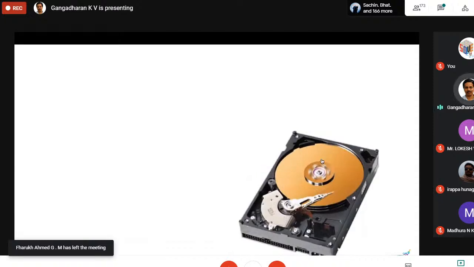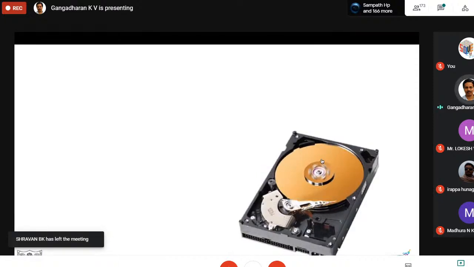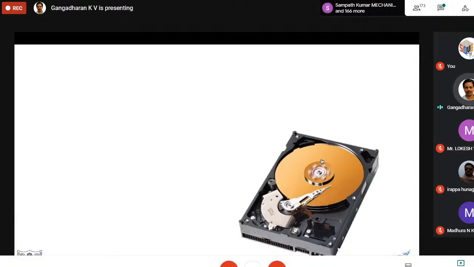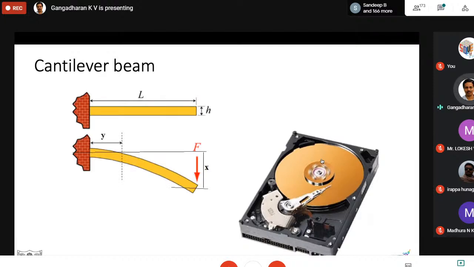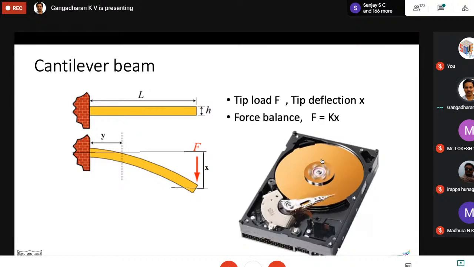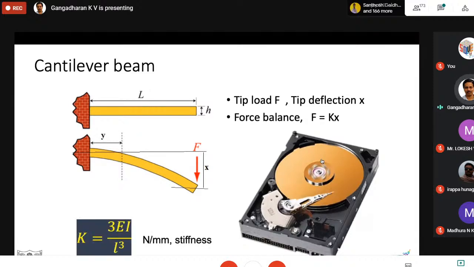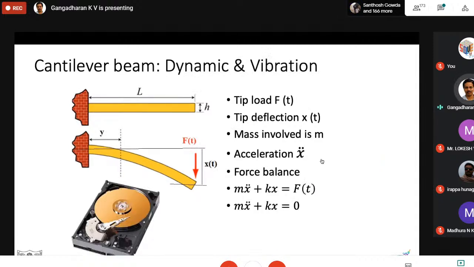Then I look at what we have studied in engineering mechanics and strength of materials. Maybe I'll extend it to dynamics of machines also. I'm treating the arm as a cantilever beam. I'll give a constant force and find out the displacement, balancing the force against the displacement, force balancing. Then keep doing this static analysis. After the static analysis, I look at the dynamics. I'll take it as a second order differential equation.